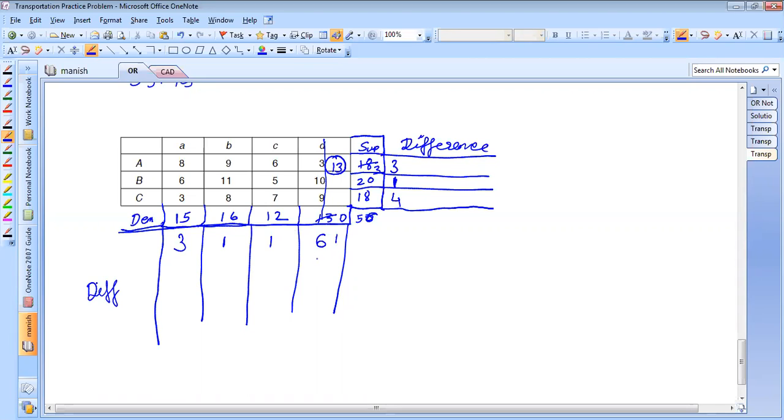If the column is eliminated, next time we will not calculate column. This remains the same, 1, 1, 3. Then this gets changed. So 6 minus 8 is 2. 6 minus 5 is 1. 3 minus 7 is 4.